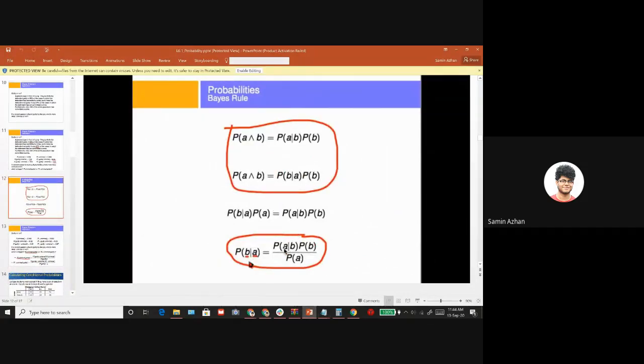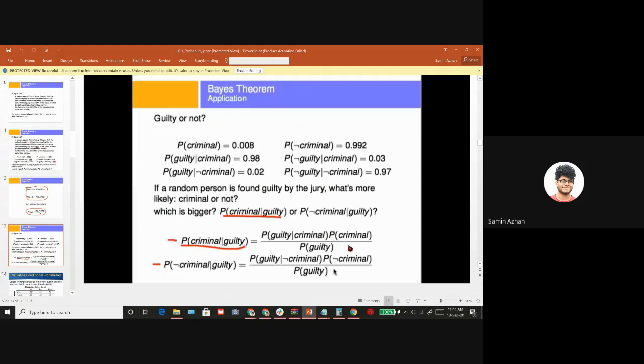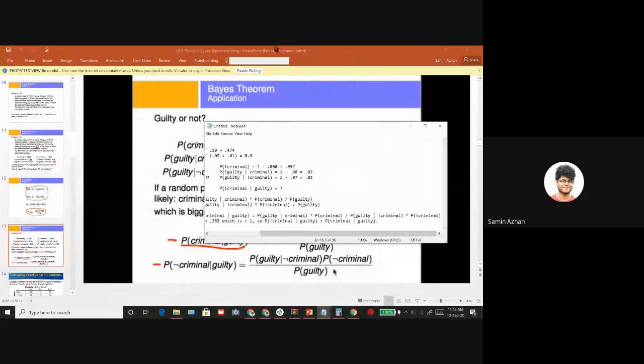So this is the equation we used, the Bayesian rule, and they approached it in a very similar way. They got two equations and they got the conclusions. So are you guys clear about that? If you have any questions, you can ask, or we'll move on.